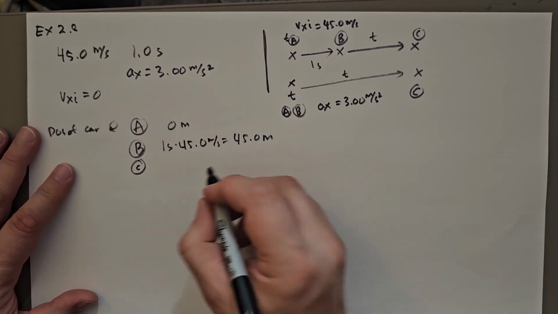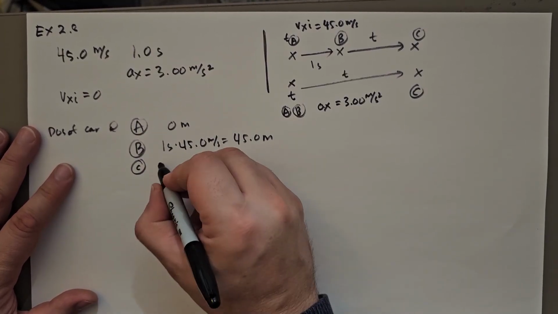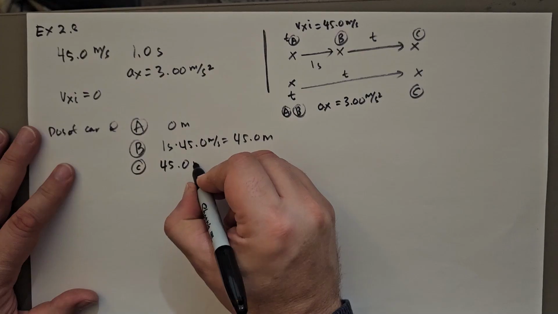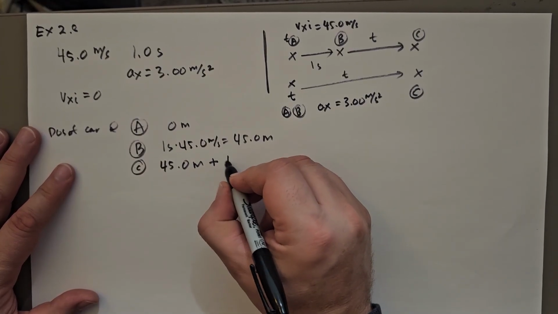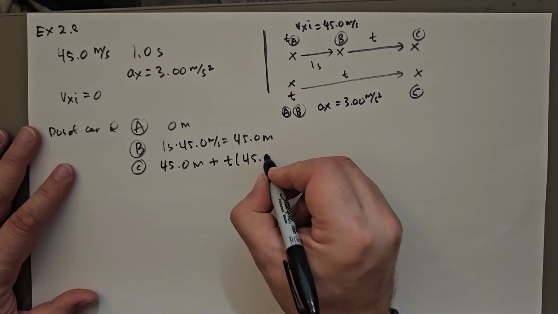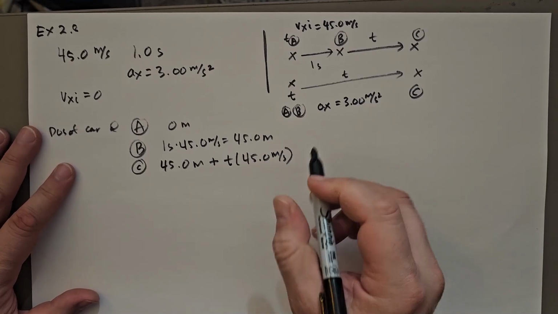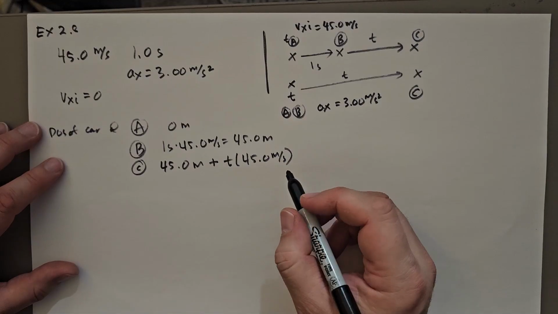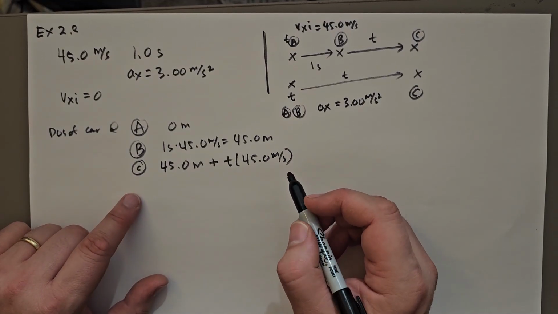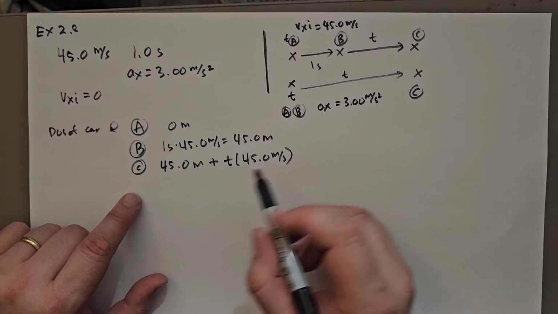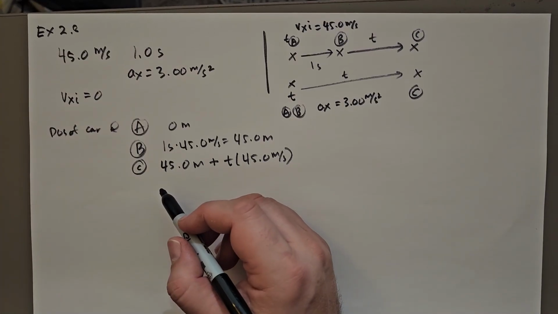And at C is some unknown. So it's going to be 45 plus unknown time times 45 meters per second. All right. Does that make sense? So that's the position of the car.